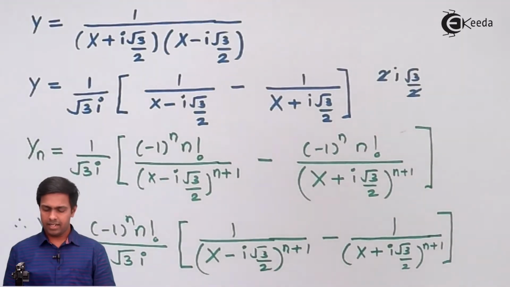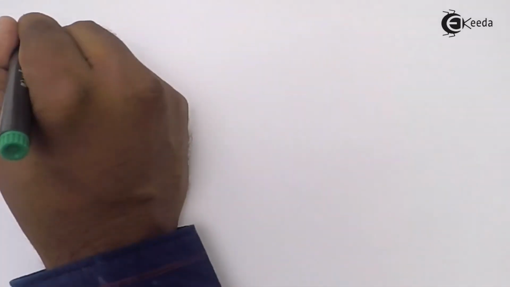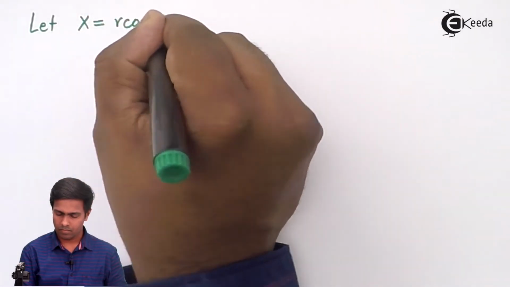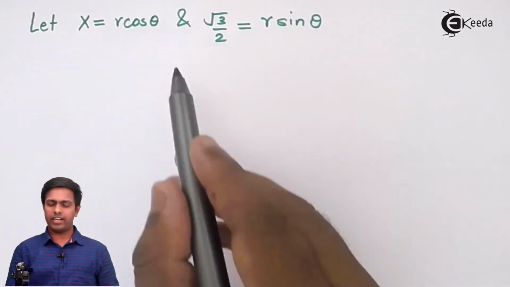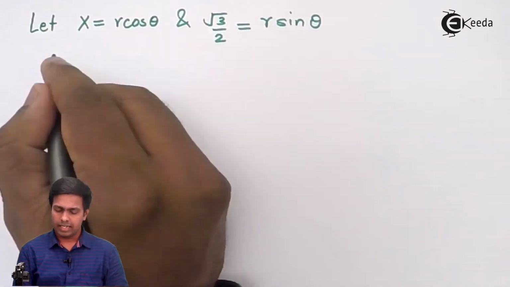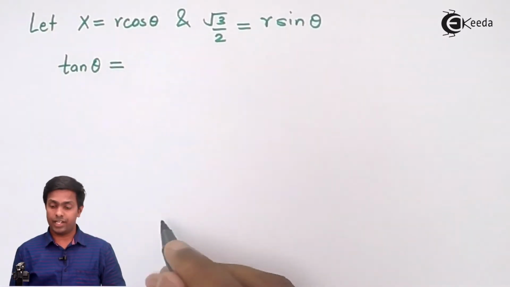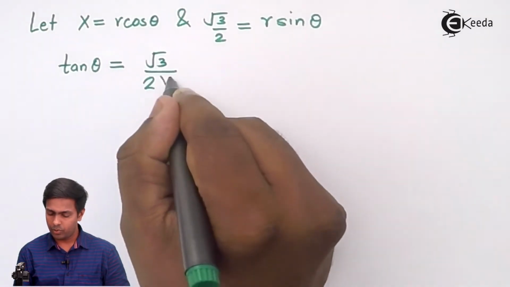So here I'll say this capital X, which is the real part, is r cos theta, and let's say this root 3 by 2, which is the imaginary part, is r sin theta. If I divide these two terms, then I will get tan theta, which is equal to root 3 by 2 into X.